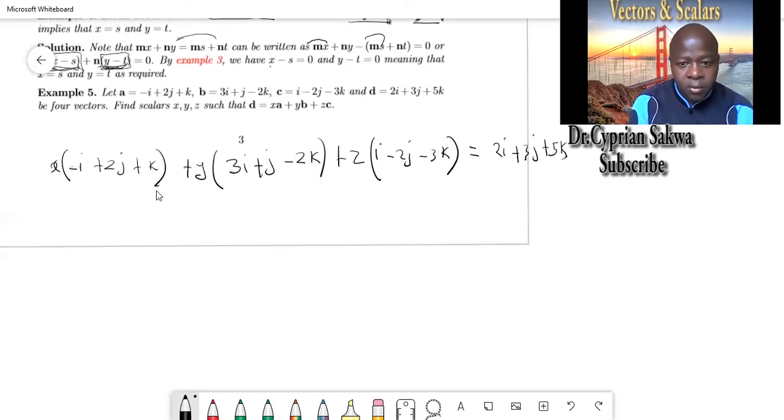So let's multiply them out and then equate the like terms. I would have negative xi plus 3yj plus zi equals 2i.